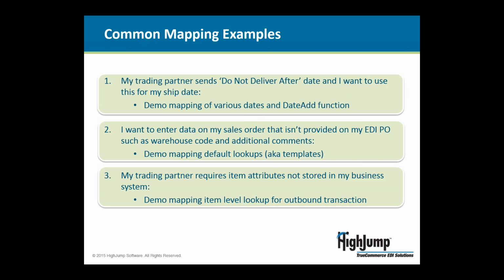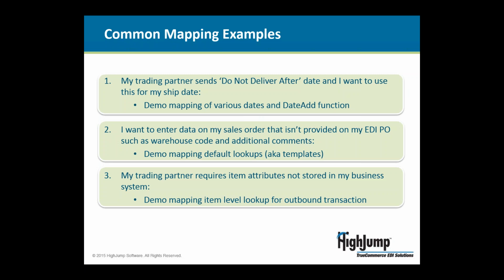We're going to walk through 3 examples today, and perhaps if there's time, maybe some others. But the first example, my trading partner sends a do not deliver after date. But of course, in my system, I just have a ship date, or maybe a required ship date, or something to that effect. And of course, it varies from system to system.